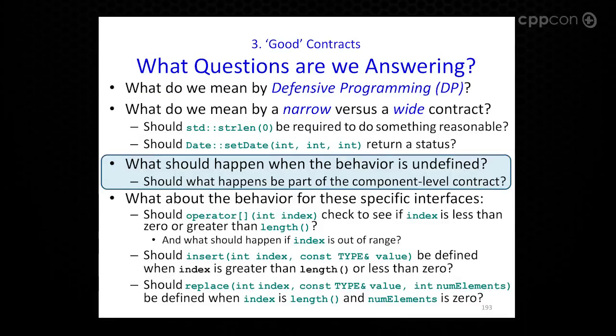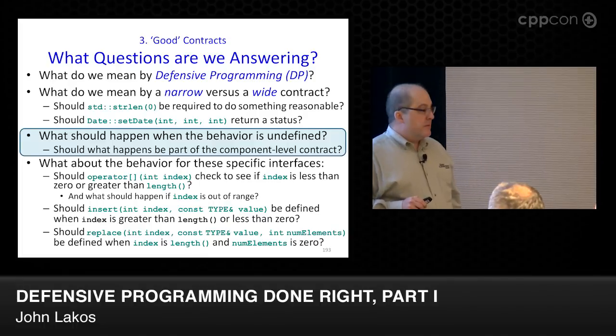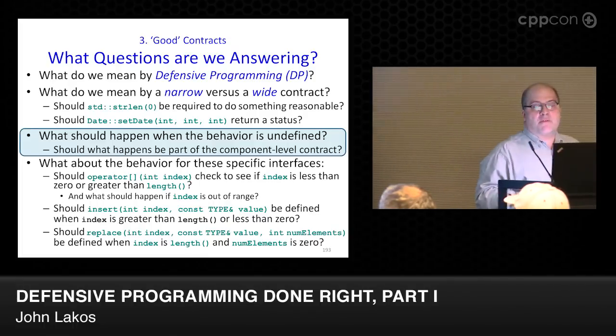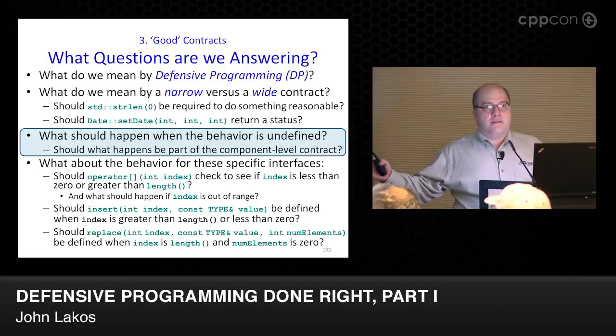Going back to here. So given that we're almost out of time, I'm going to ask specifically this question. What should happen when the behavior is undefined? Should what happens be part of the component level contract? Does everybody know the answer to this?